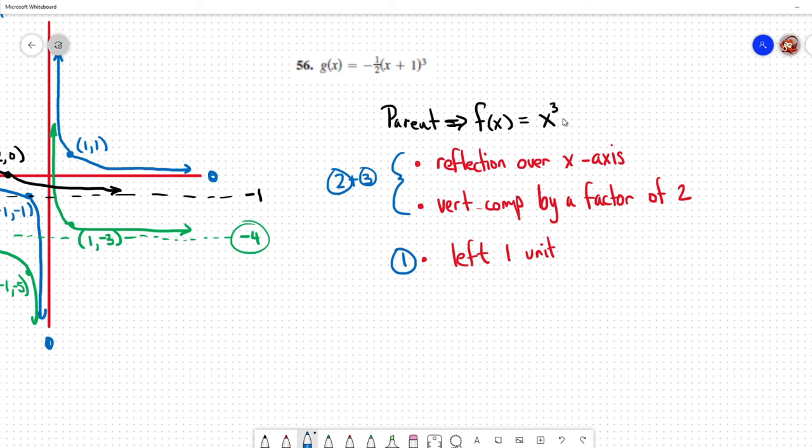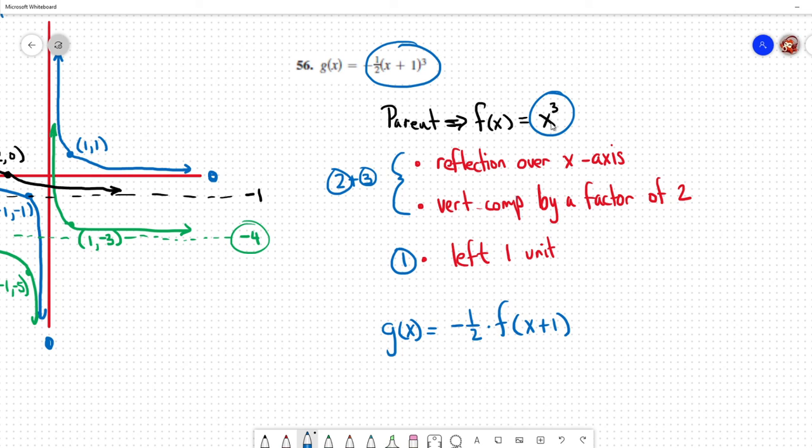So in class we looked at, okay, what I have now, where I want to get to. What's different from here? Oh, there's a plus 1 inside the function, and then there's times negative 1/2 outside the function. This is how I would write g of x in terms of f.